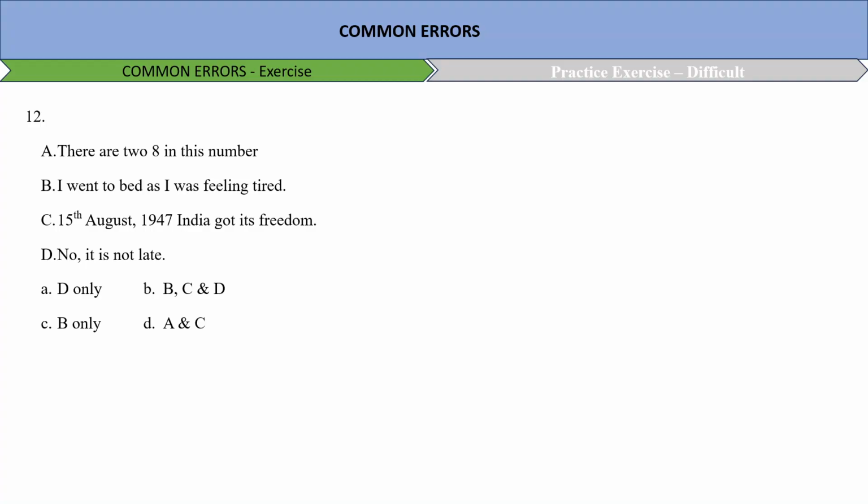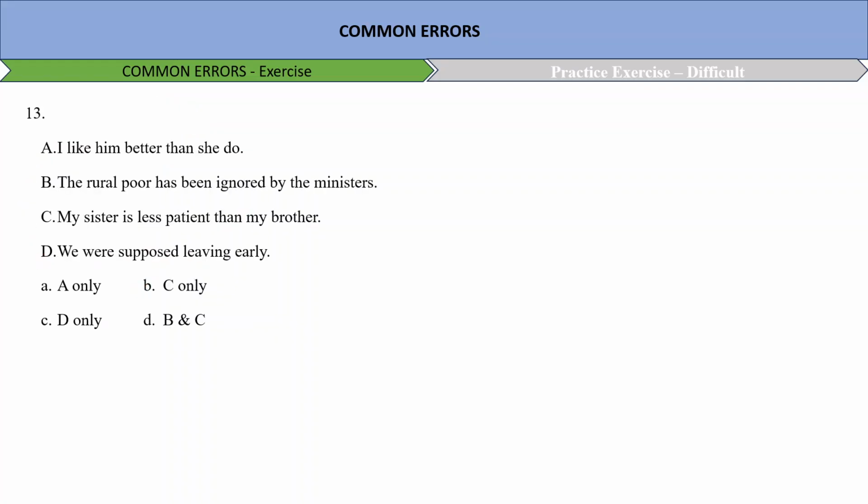If I read each and every sentence appropriately, I will only see that there is an error in A. There are 2 8s in this number, and not 2 8 in this number, right? Whereas B, C, D are appropriate and hence B is the correct answer.